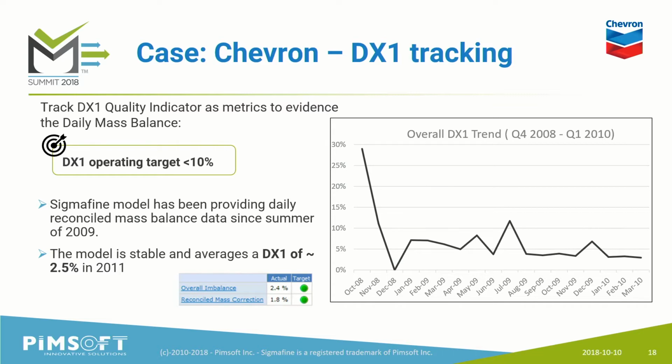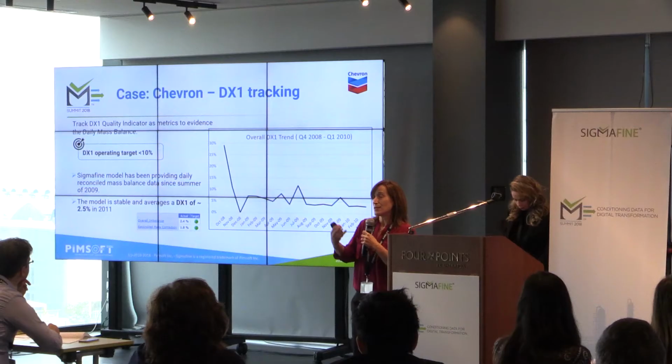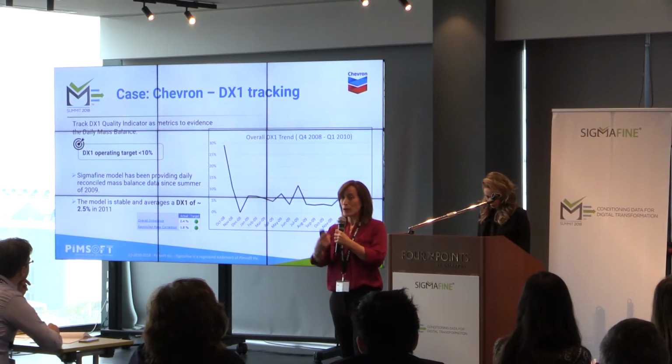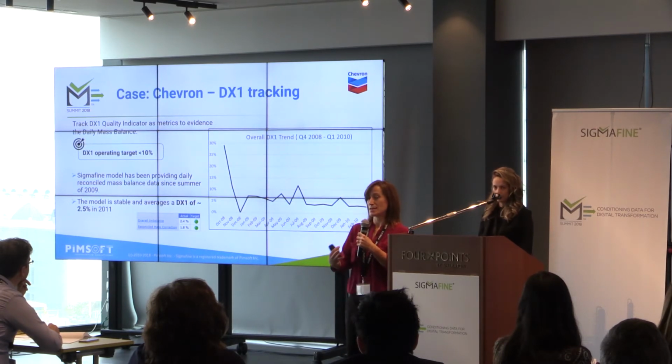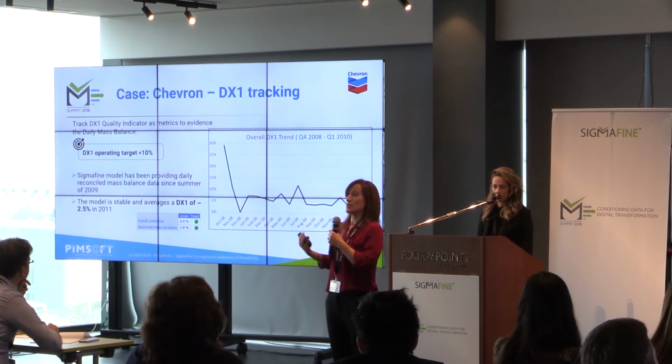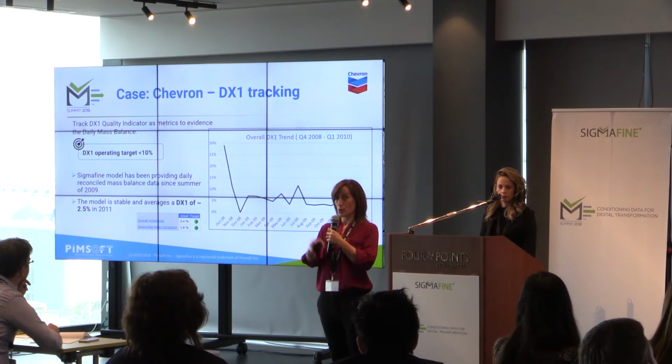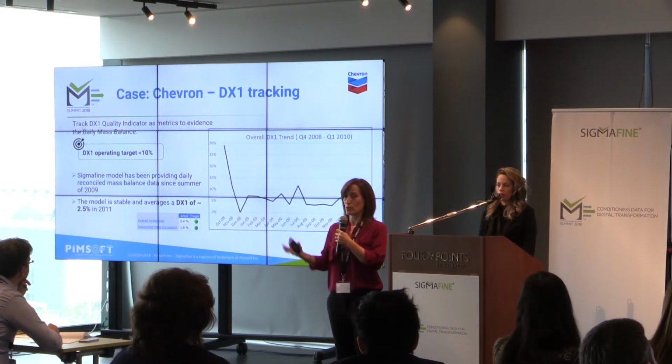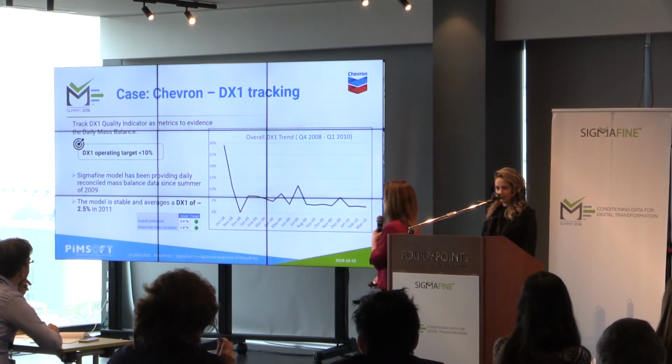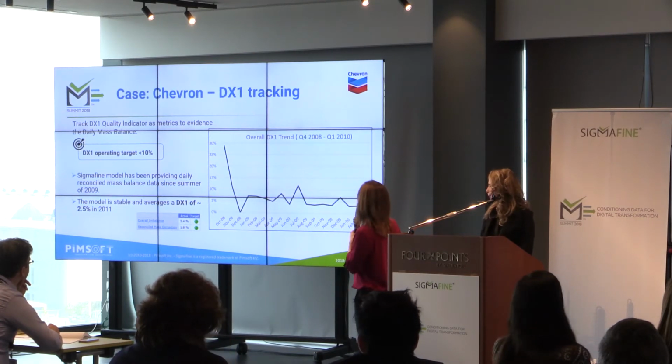Since they started to use Sigmafine in 2009, they started to track the DX indicator, the DX1 indicator, that is the one of the imbalance. The DX is quite powerful because with one number per case, you know the overall imbalance of your model, of all your measurements, or all your balance points.